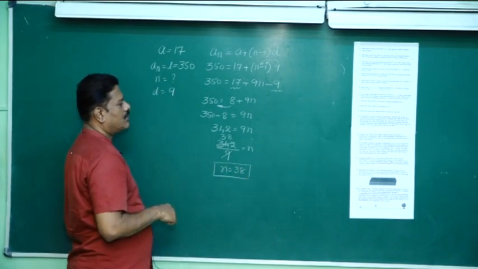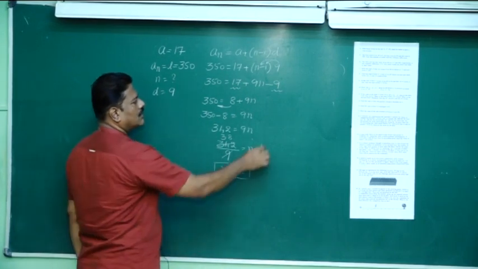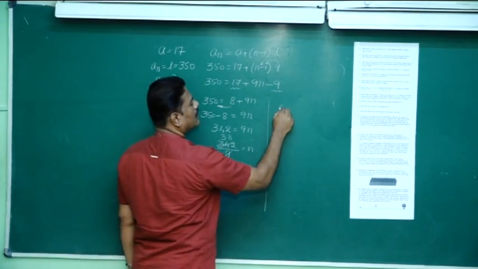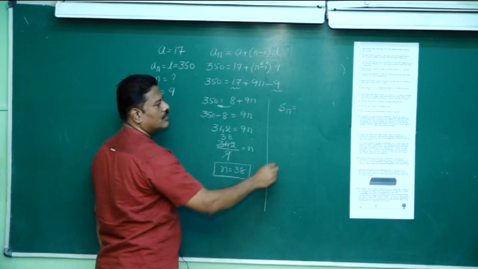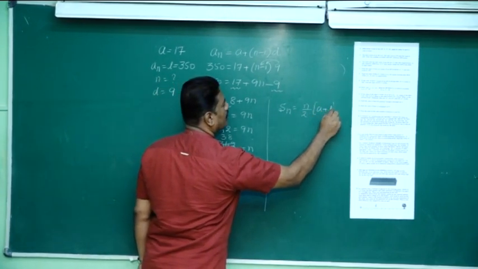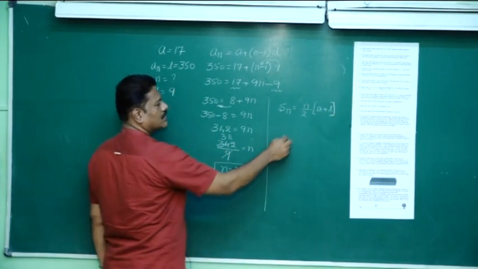But you cannot stop the problem here because you have been asked to find the sum. So when the last term and the first term are known, you can make use of this formula: Sn is equal to n by 2 into (a plus l). Now you substitute in their respective places.